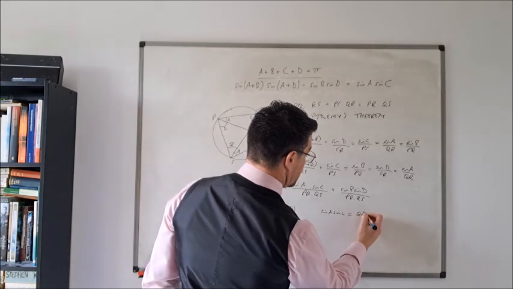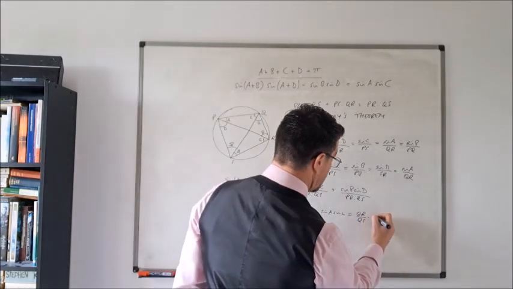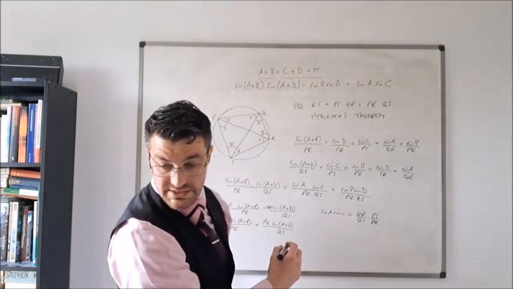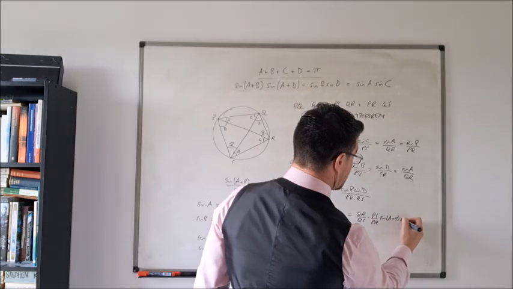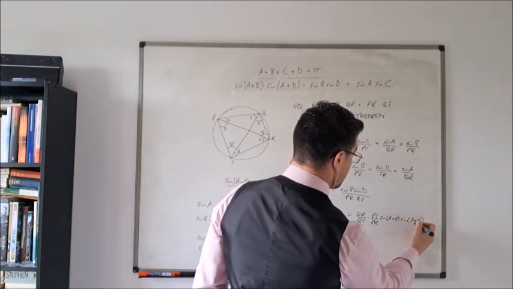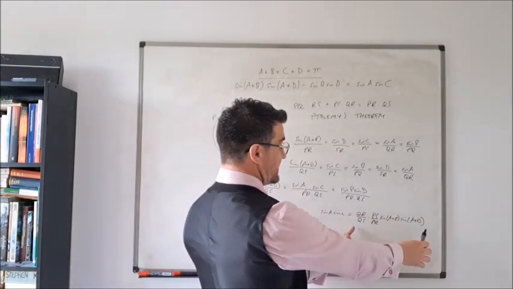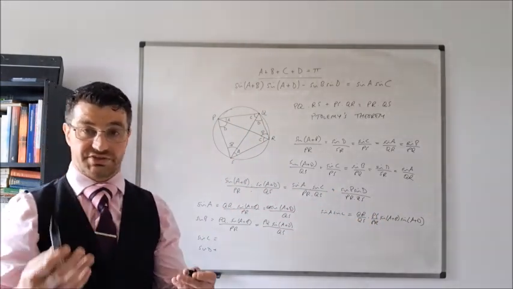So it's QR over QS times PS over PR, sine A plus B times sine A plus D. So you could replace the sine A sine C with this expression, replace the sine B sine D with a similar expression, and then it's just a rearrangement.